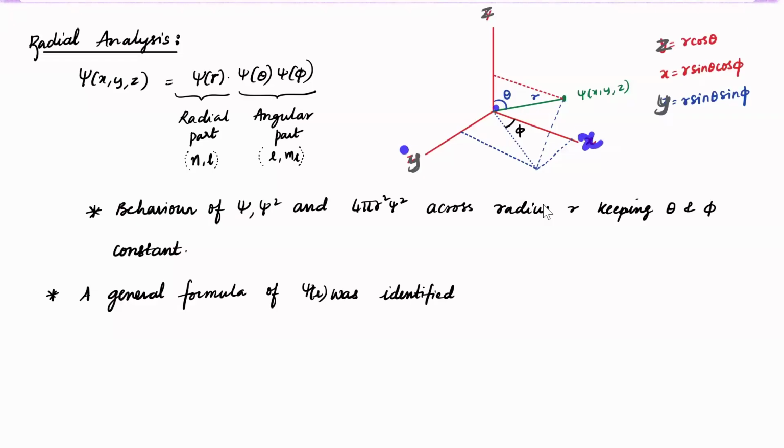If it is making an angle theta with the z axis, then the distance from here to here will be simply r cos theta. And you know that this value is r sine theta, correct?